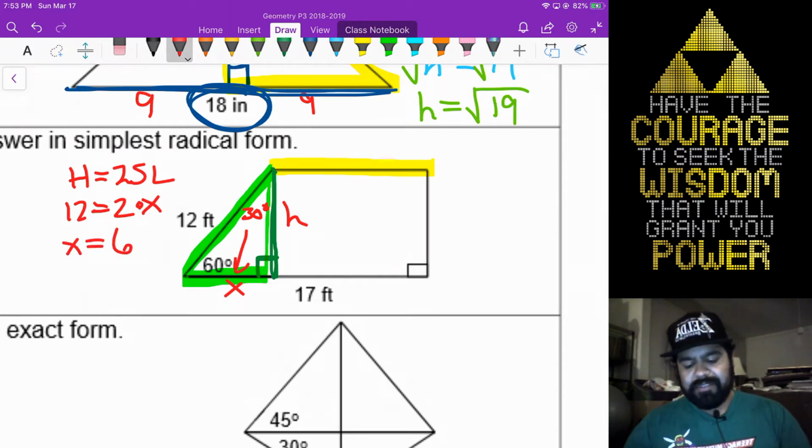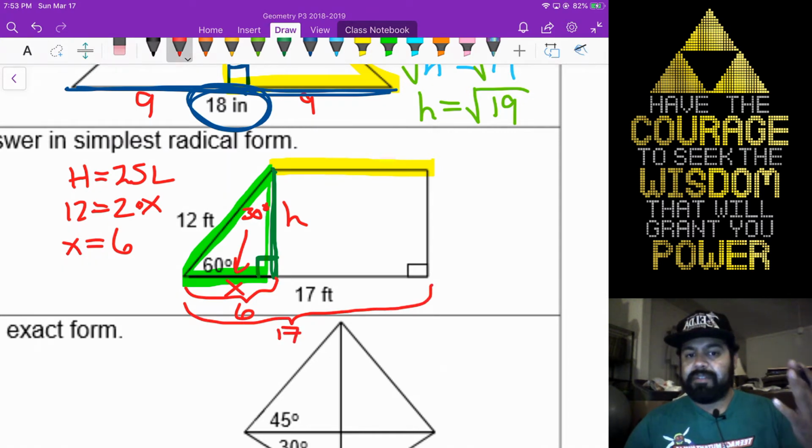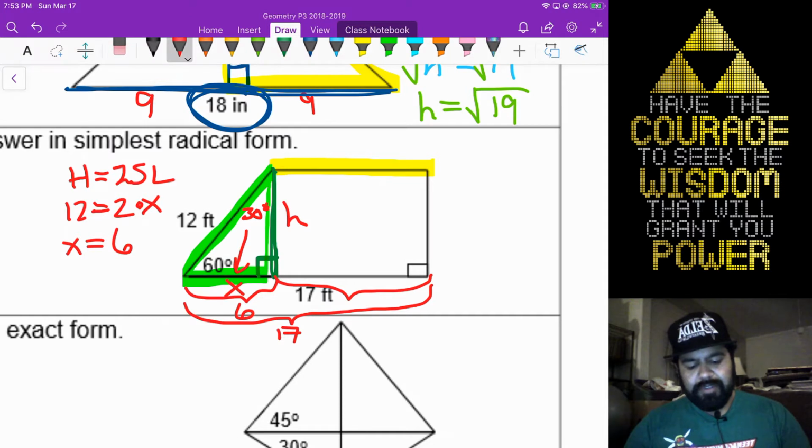Now, this part is 6, but the total was 17. So we're going to do 17 minus 6, and that's going to give us the length of the remaining part here, which should be 11. So therefore, if that part is 11, that corresponds with the top, so now we know our base 1 is also 11.